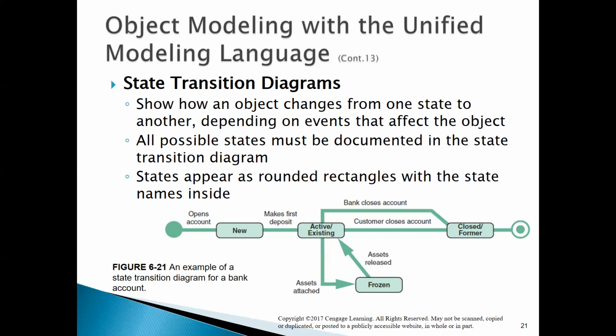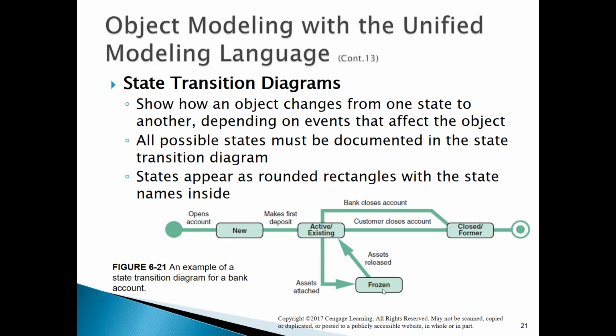Now, if you look at this, from new to active, that's a change in object. So there is a state transition. Transition means something moving. State means current point in time. So your state transitions from new to active or existing.